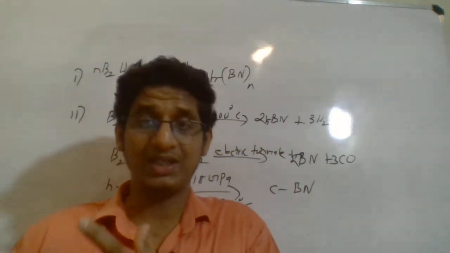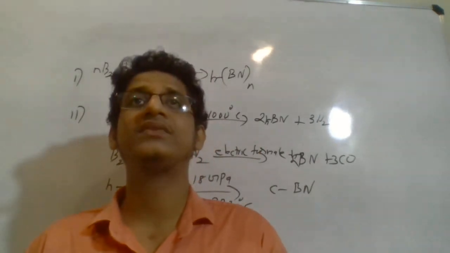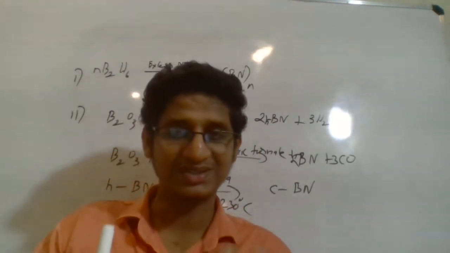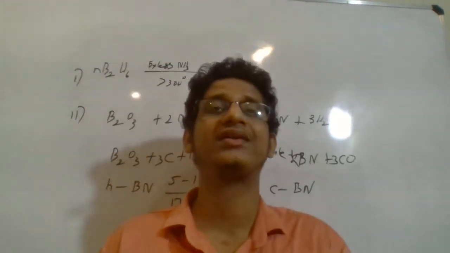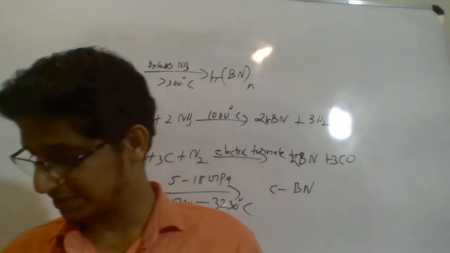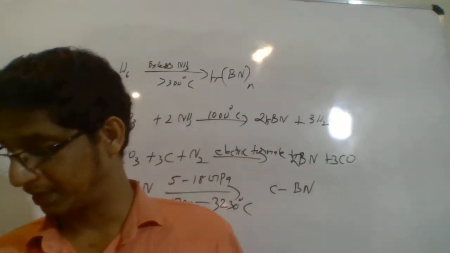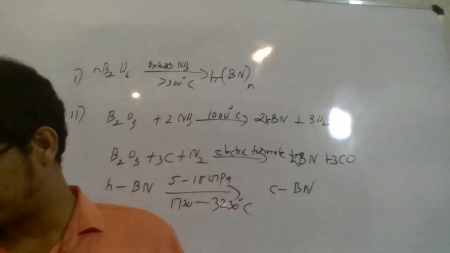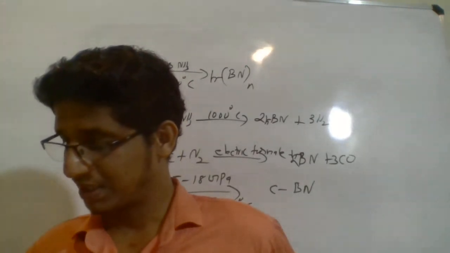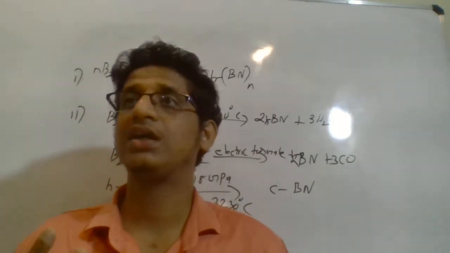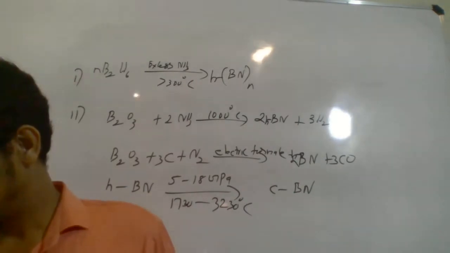It's chemically inert, it does not degrade, and it does not react with the substance taken inside the crucible. So that suggests its chemical inertness and high temperature resistance. Such excellent thermal and chemical stability is something you can remember about boron nitride. That's why ceramics and other high temperature resistant materials are prepared from boron nitride.